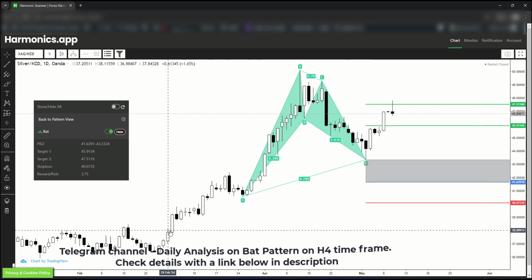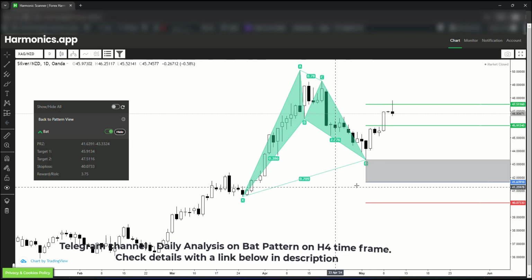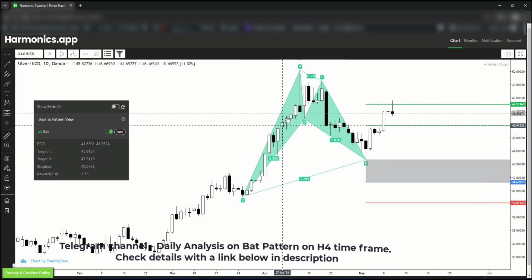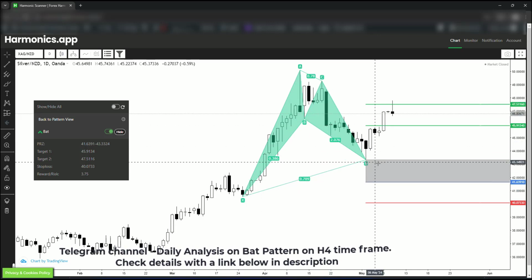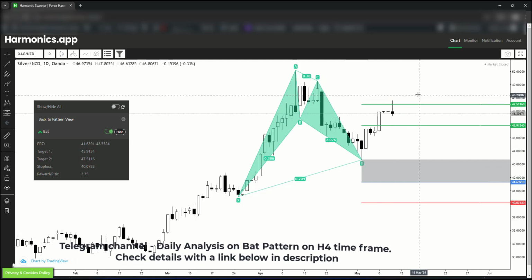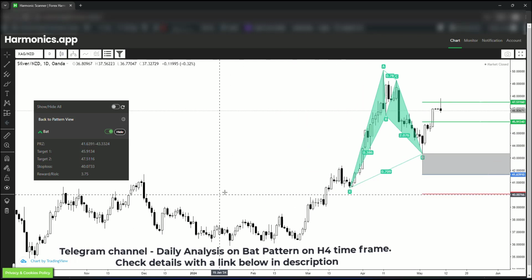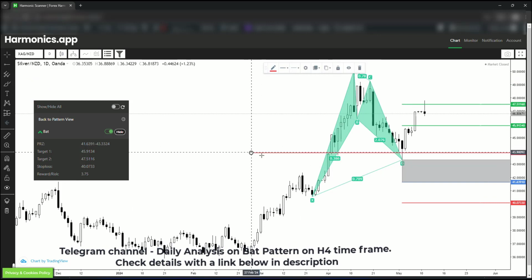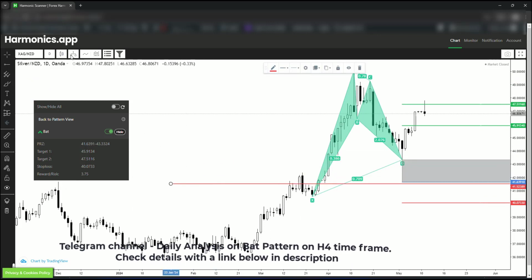So the first criterion for me is to have a pattern formed in the direction of the trend, and here the price is formed just in the direction of the trend. We can see that. The next step would be to make the technical analysis, to put the horizontal support and resistance levels on the higher time frame.